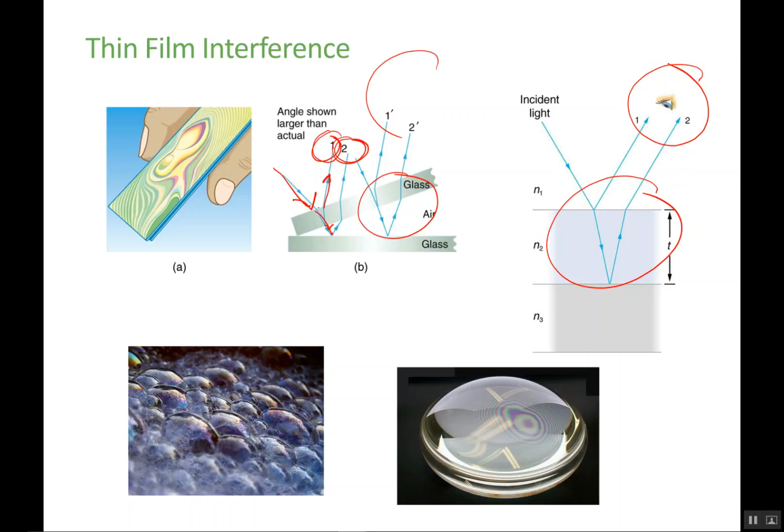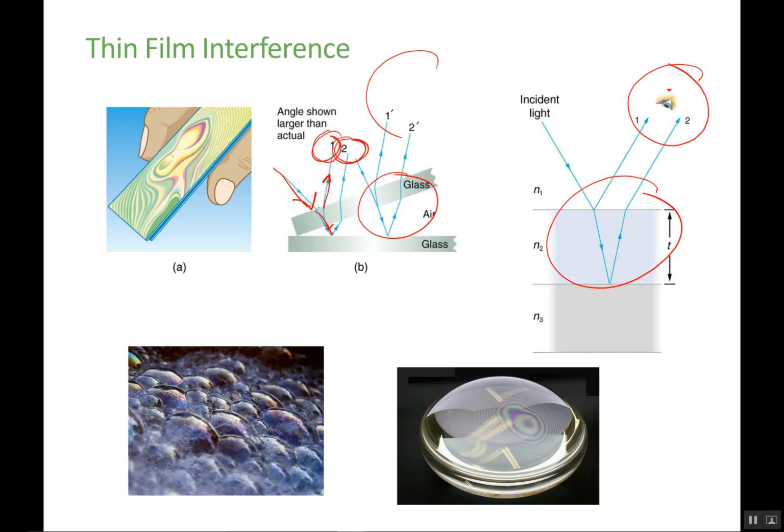and fall upon the same spot on your retina or a screen, those waves can interfere with one another constructively or destructively. And whether the interference is constructive in giving a bright spot or destructive in giving a dark spot is a function of the path length difference, the extra distance one of the waves traveled compared to the other, and also the wavelength of the light.